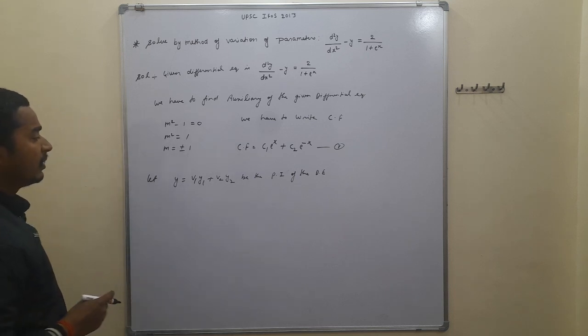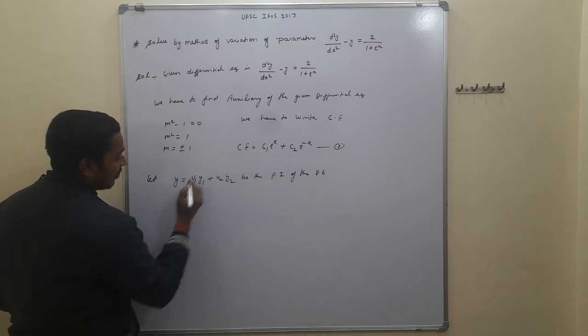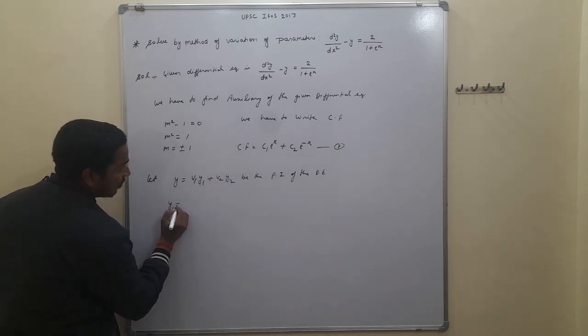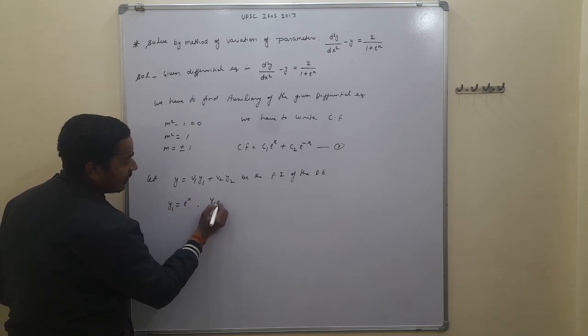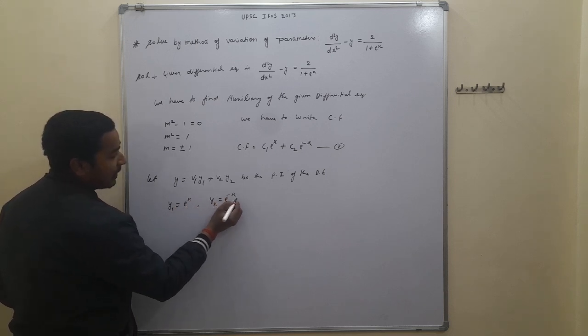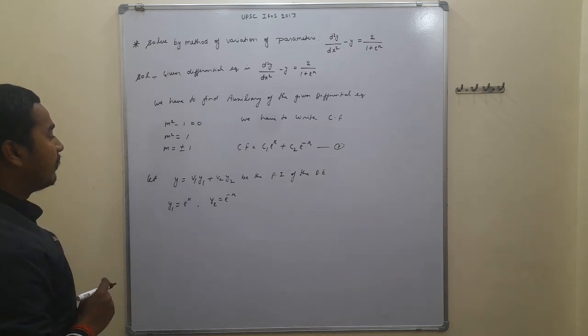So from here y1 is e to the power of x and y2 is e to the power of minus x.